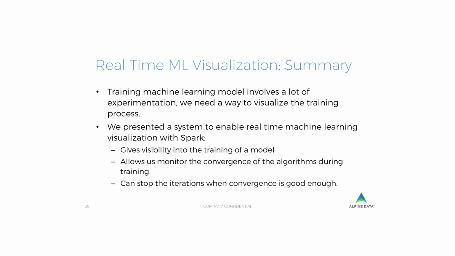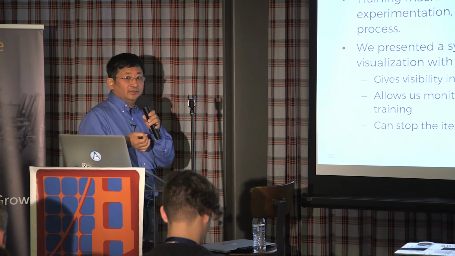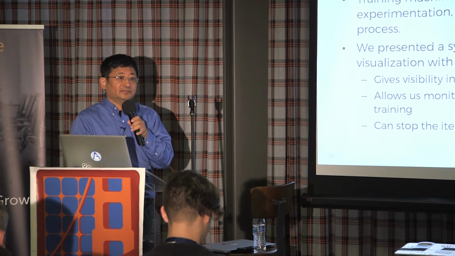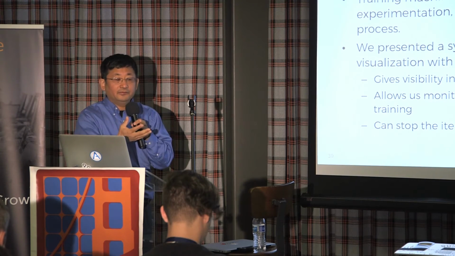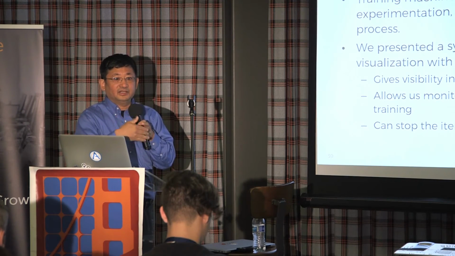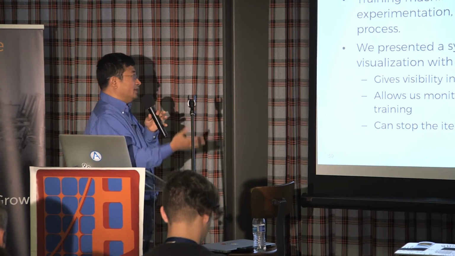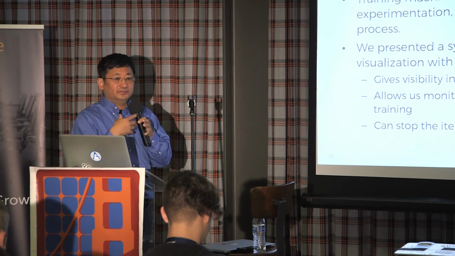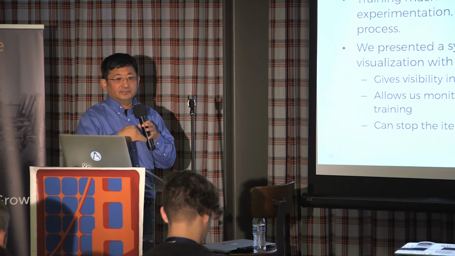So, a quick summary, since I only have a minute or two left. Training machine learning models involves a lot of experiments, so we need a way to visualize the process. And for Spark, especially Spark YARN cluster mode, it's essentially a batch job. You have no clue what's going on until the job finishes. With our approach, you have a way to do a callback to your system to actually see what's going on.